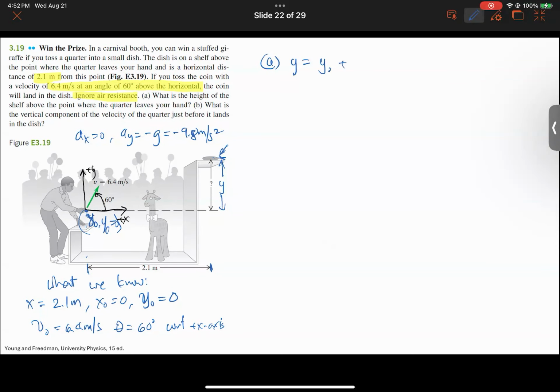y equals y naught plus v naught y t minus 1/2 g t squared.